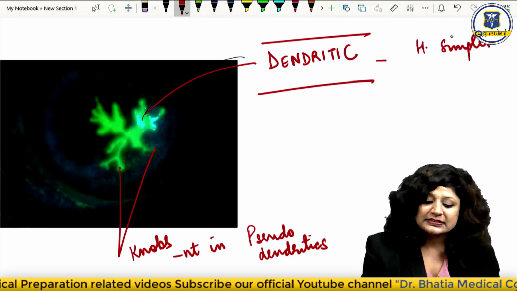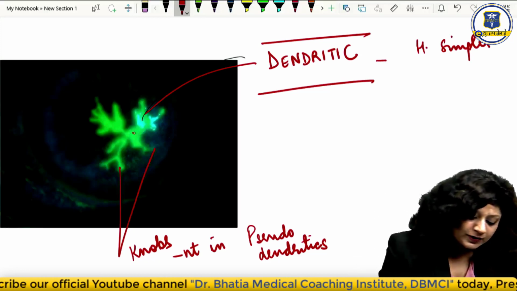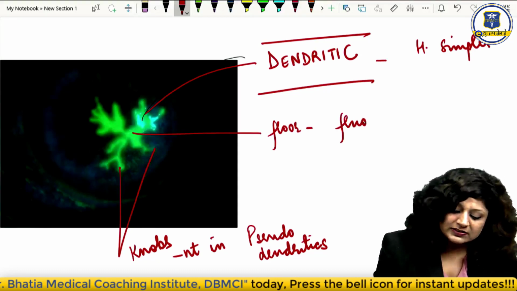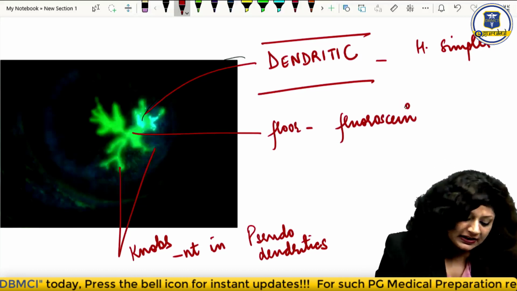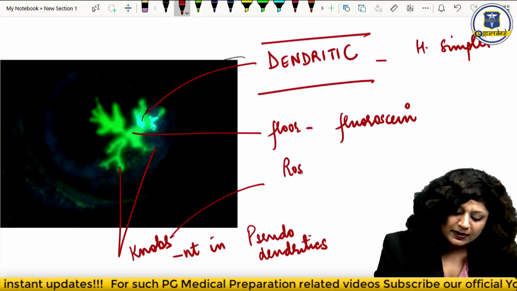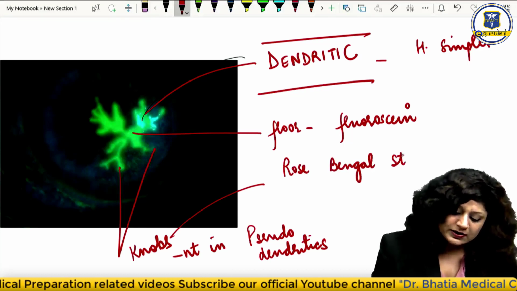Now, if you see the staining of this ulcer, the floor will be stained by the fluorescein staining, while the knobs are stained by the rose Bengal staining.